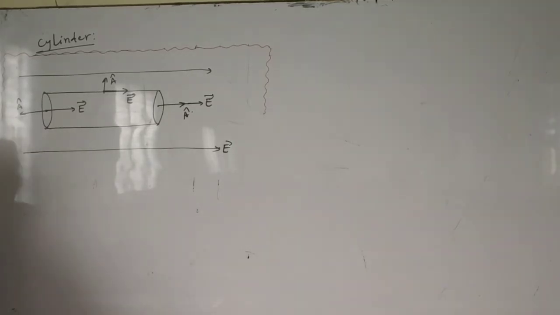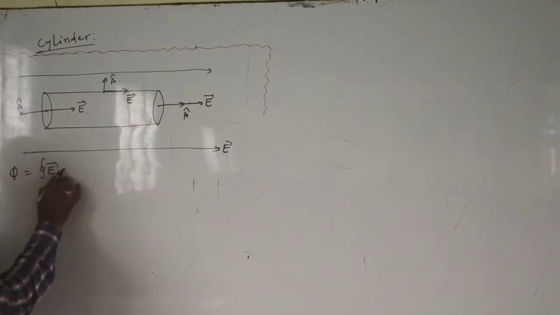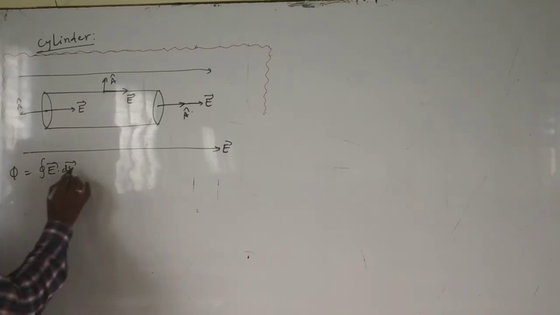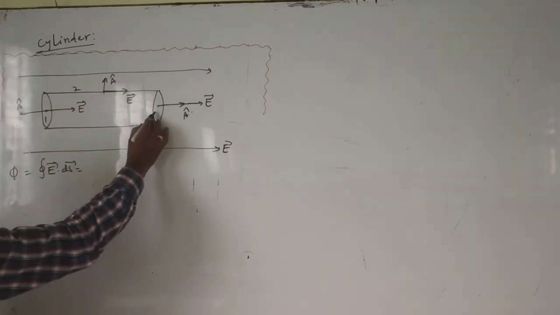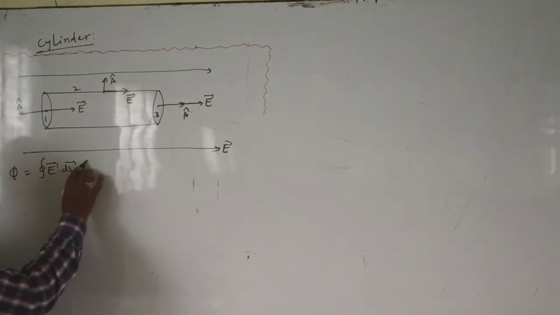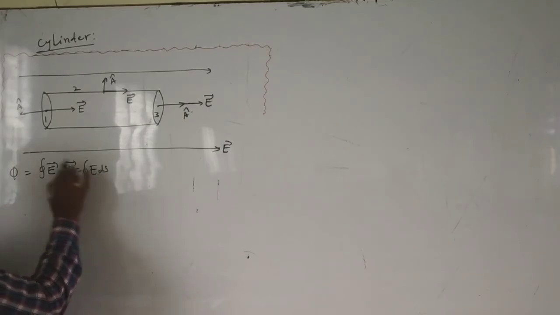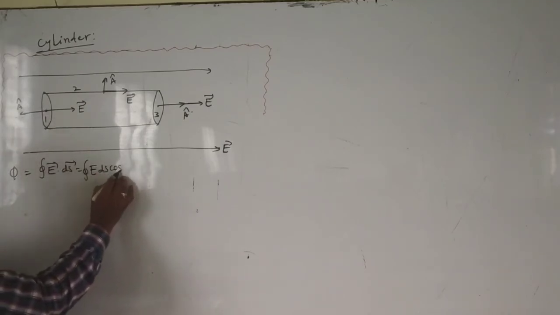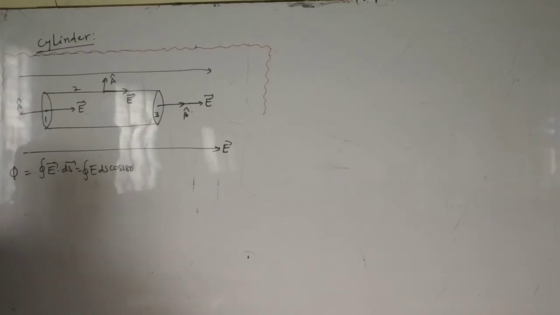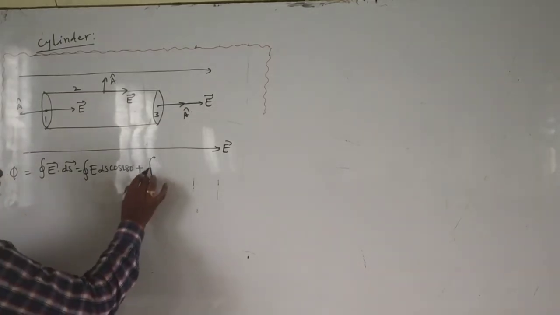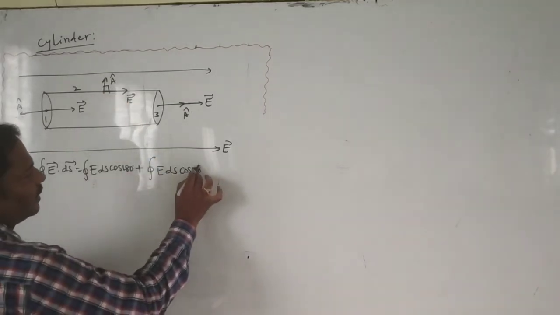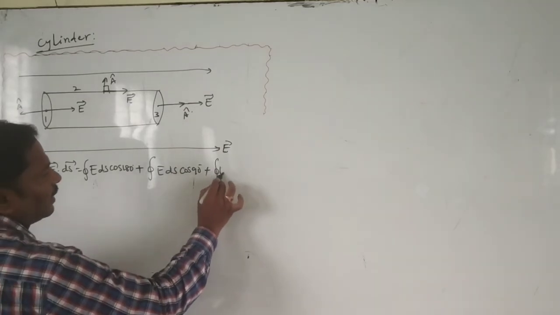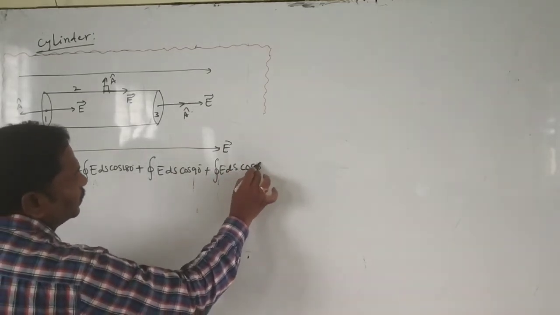First, total flux is equal to the integral of E bar dot dS bar. Here how many surfaces are there? First surface, second surface, third surface. First surface: E dS, where the angle is 180, cos 180, plus the integral of E dS where the angle is 90, cos 90, plus the integral of E dS cos 0.